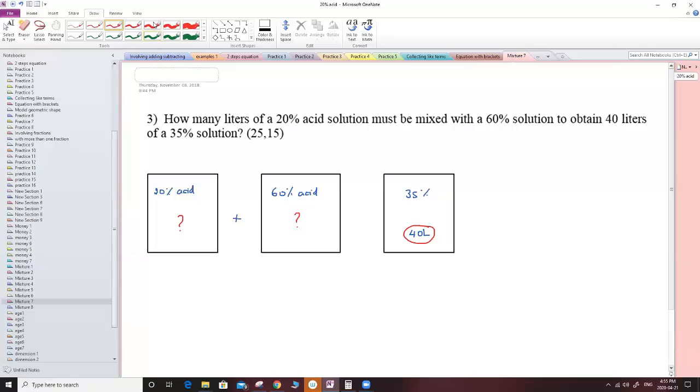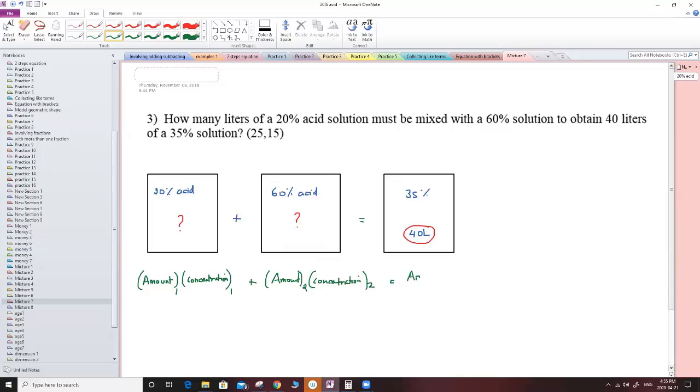So again, I need to use my famous equation: the amount times the concentration of the first solution, if I mix it with another amount of solution number 2 times the concentration of solution number 2, it has to give me the mixture.